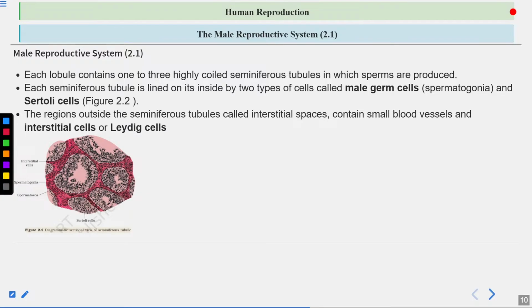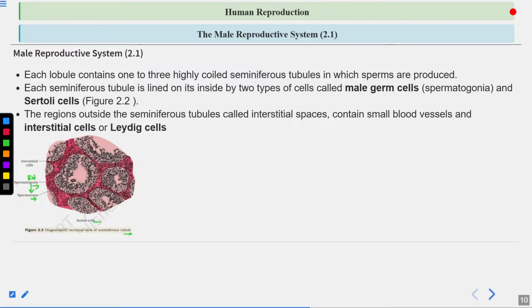So here you can see this is a diagrammatical sectional view of the seminiferous tubule. The inner side of the seminiferous tubule consists of spermatogonia, which are kind of stem cells, and also Sertoli cells. Spermatogonia are diploid, 2n, and by meiosis they produce spermatozoa, also known as the sperm.